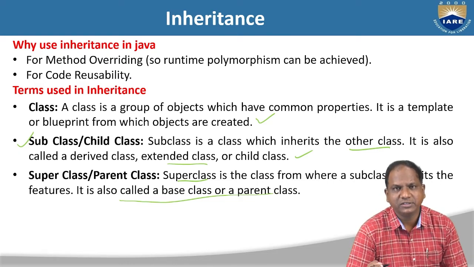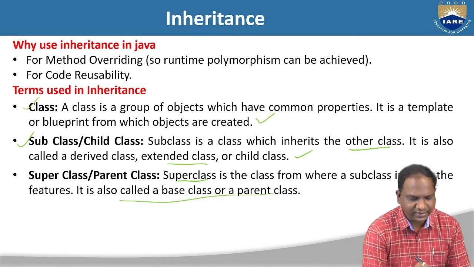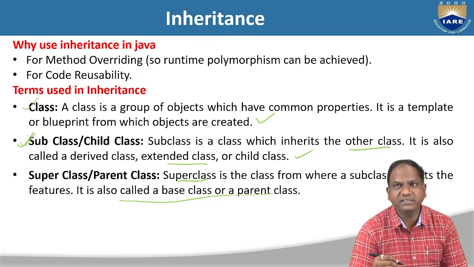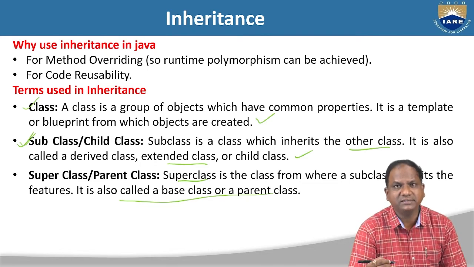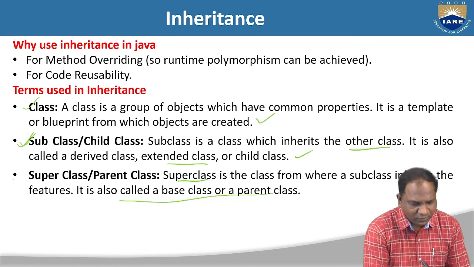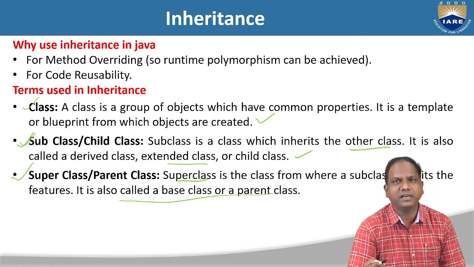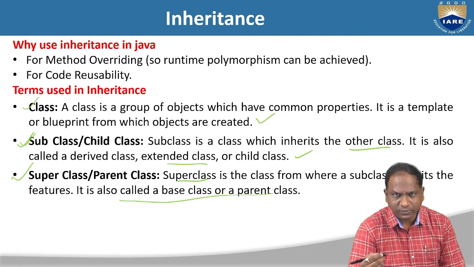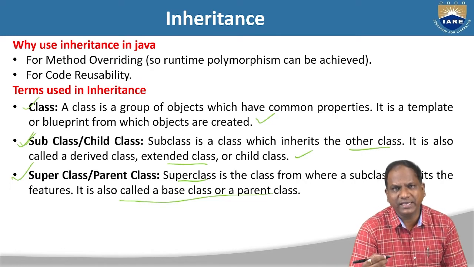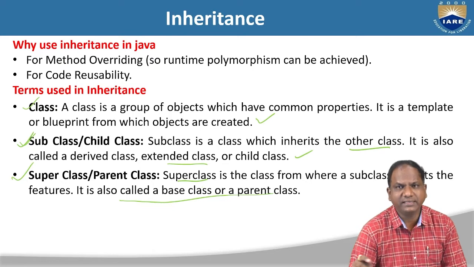So first we use the term class, then subclass or child class, which inherits from the other class. It is also called a derived class, extended class, or child class. One more term used in inheritance is superclass or parent class, from which the subclass inherits all the features. It is also called a base class or parent class.